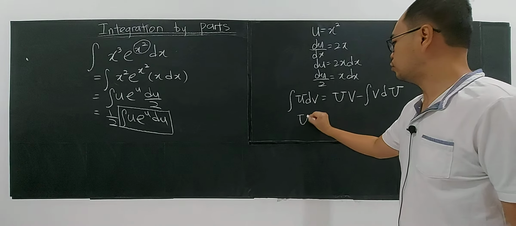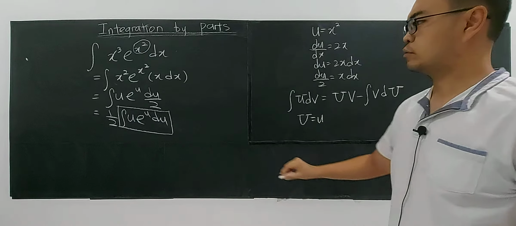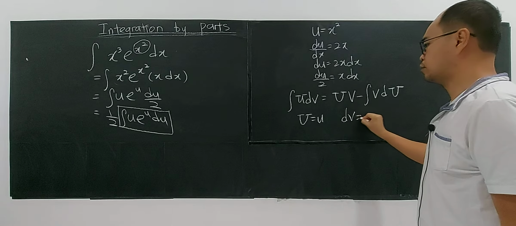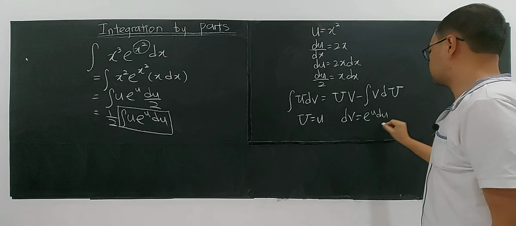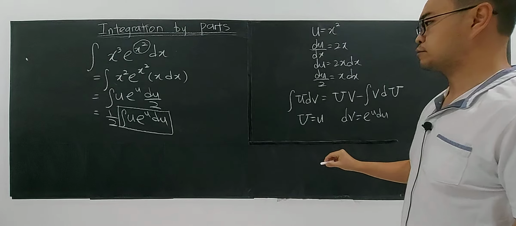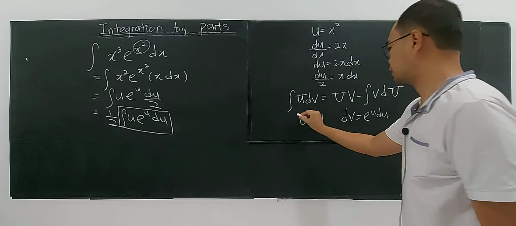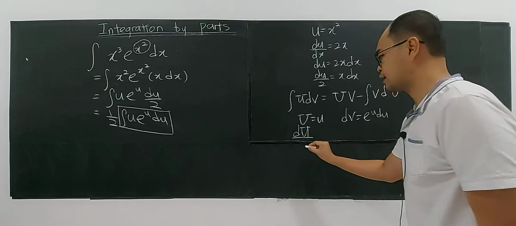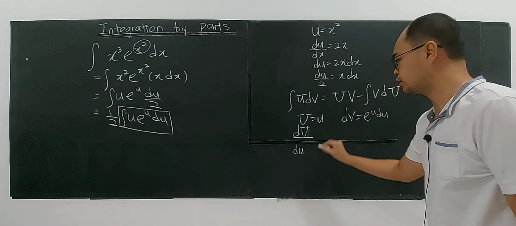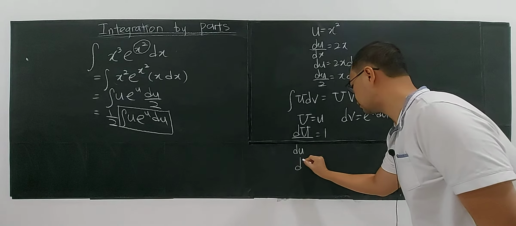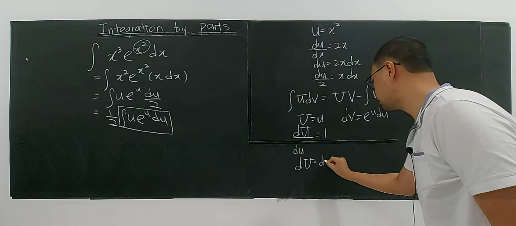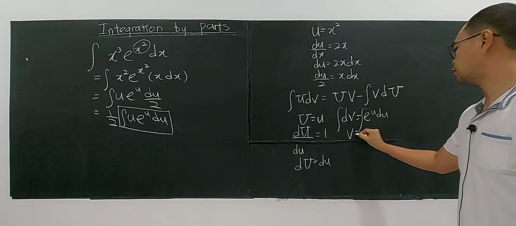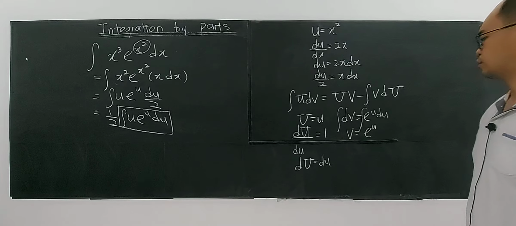Now your capital U will be this u, and your dv will be e to the u du. Differentiating capital U, usually it's x, but now it's dU over du, which equals 1. So dU equals du. And you integrate this, you get v equals e to the u, right?